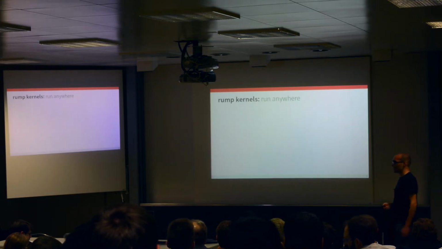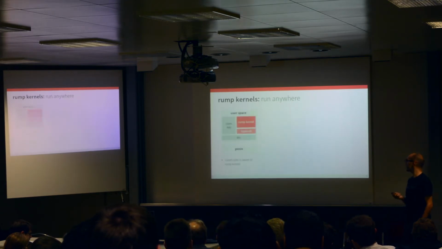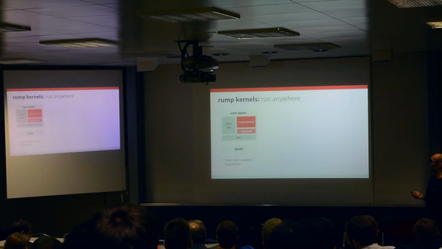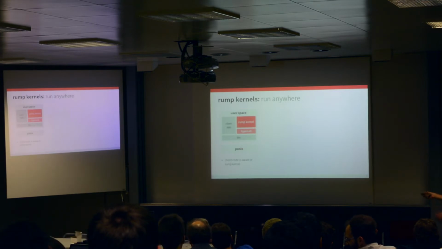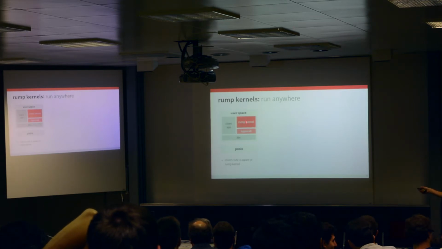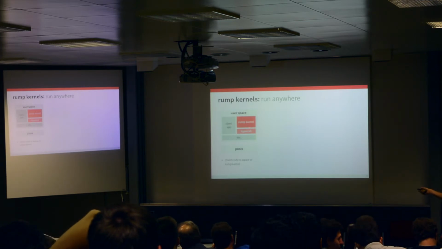So here's a few typical use case scenarios. So the first and initial application of Rump kernels, or the way how to run them, is in user space on top of a Unix-like system. In this example, we have the Rump kernel, right? It issues hypercall to talk to the host. And we have a client application that uses the Rump kernel.